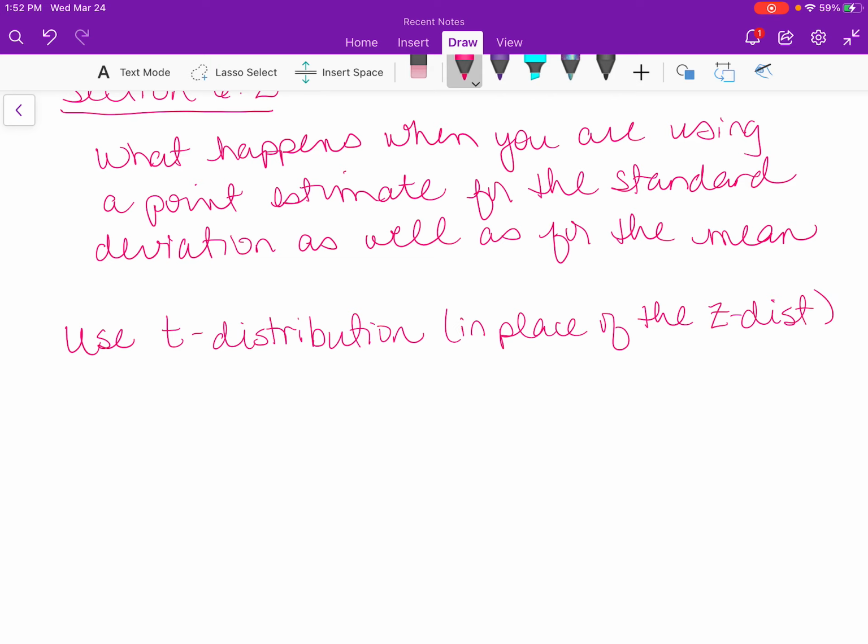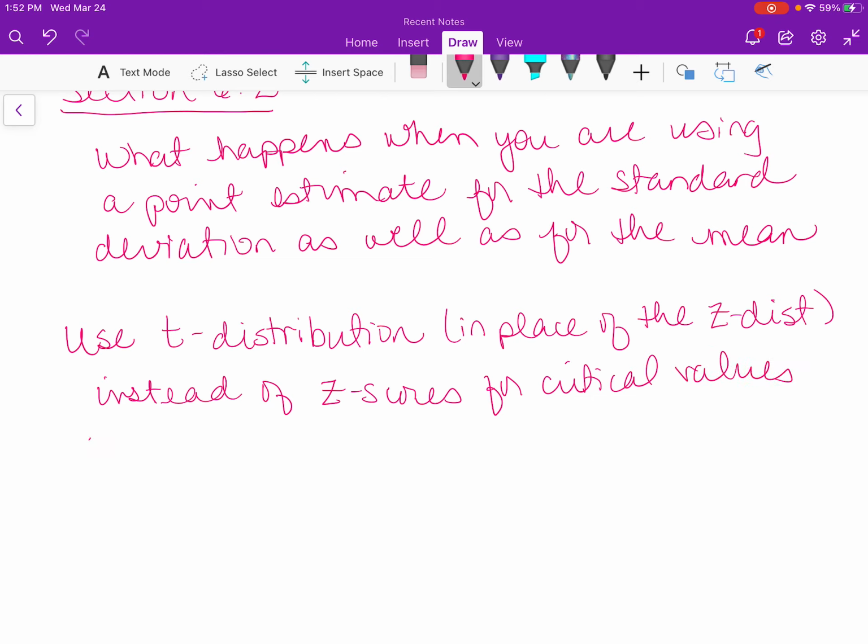So in other words, instead of using z-scores for our critical values, we will be using t-scores.